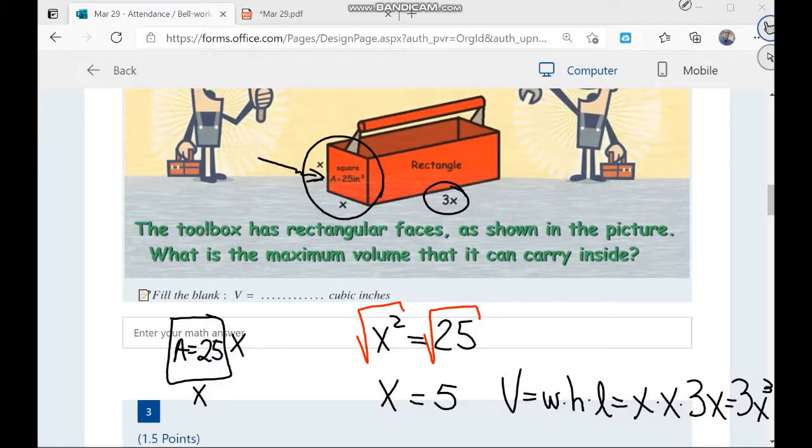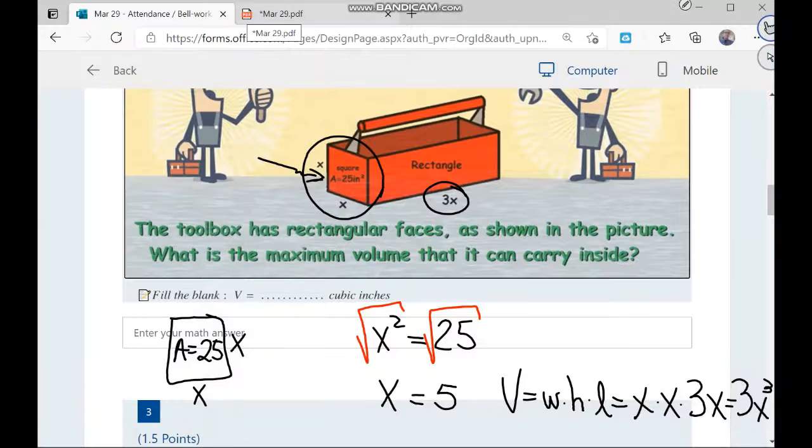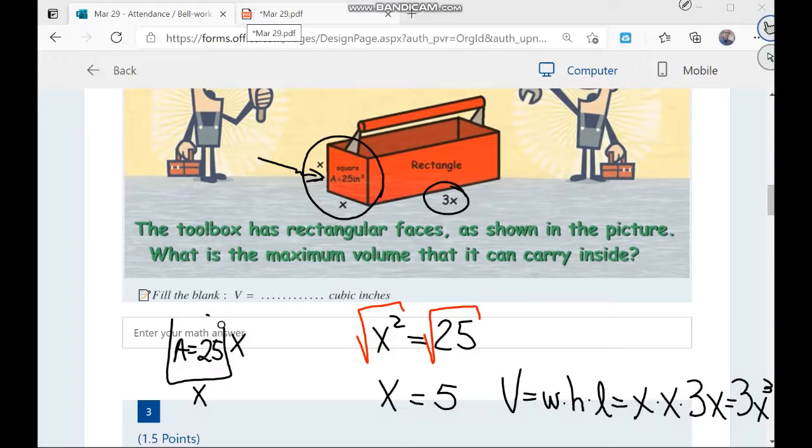And x we found is 5. You can do this math in your head, but I strongly suggest you also check with the calculator, just to make sure you got the right answer, you didn't make any mistake in the math. 3 times x is 5, and cubed, 5 cubed is 125, times 3, 375. 375 is going to be the right answer.